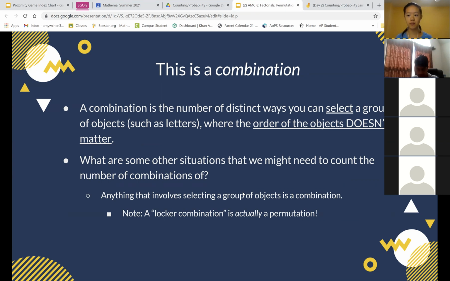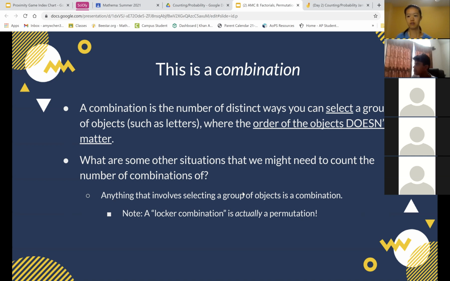This is different from a permutation, where you are arranging something and the order does matter. Anything that involves selecting a group of objects where the order doesn't matter is a combination.